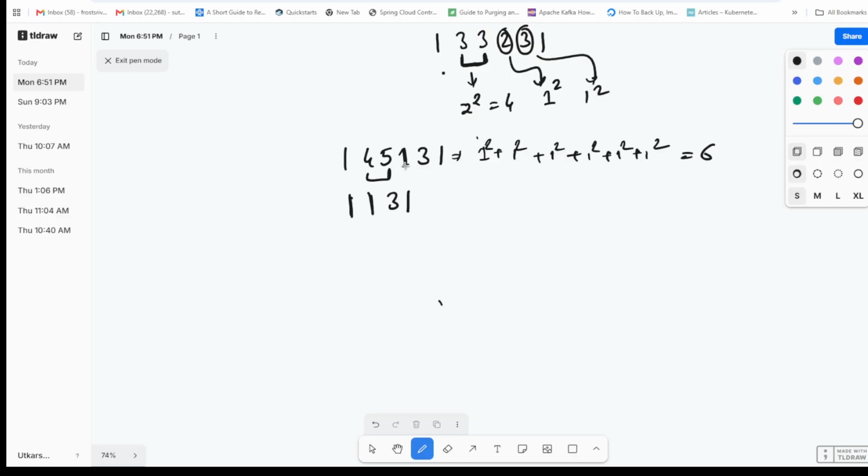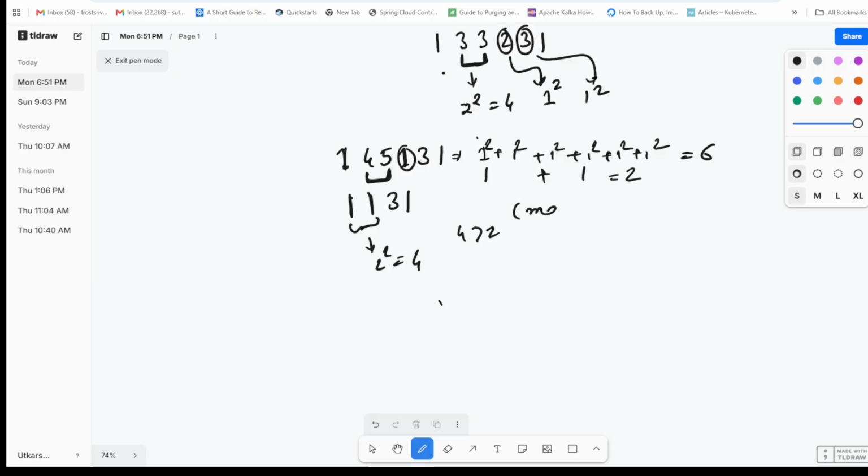If we remove these individually, we get 1 for each, so the count will be 2 only. But if we remove these two boxes together, the count will be 2 squared, that will be 4, which is greater than 2.